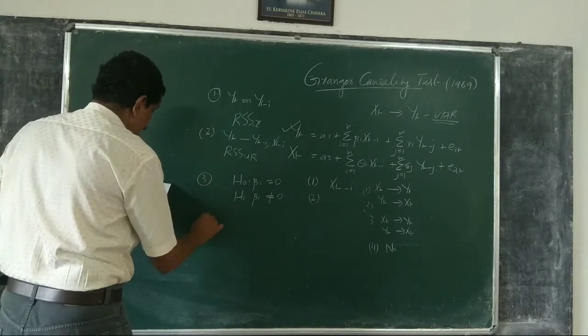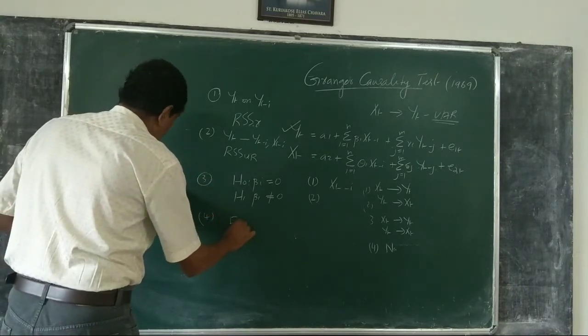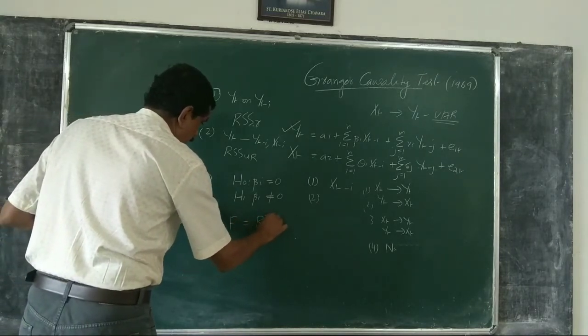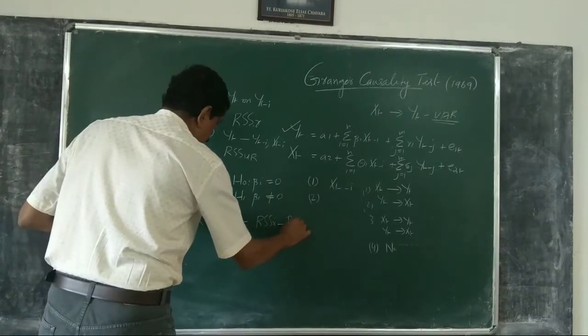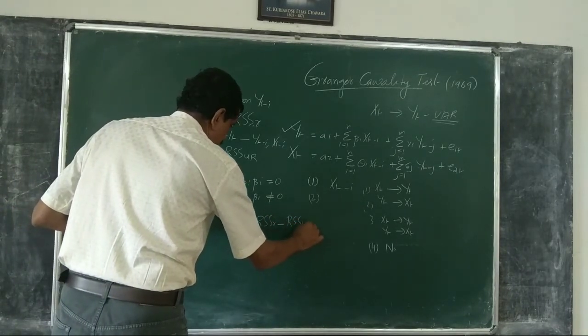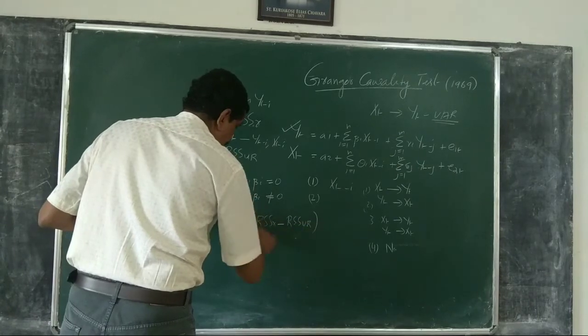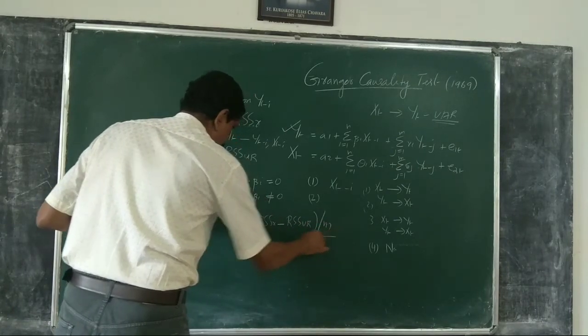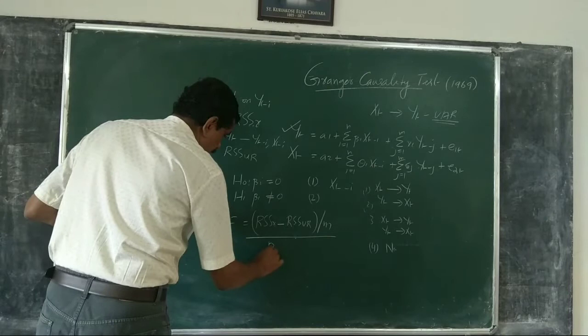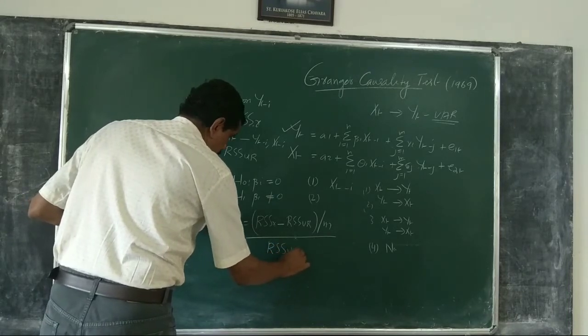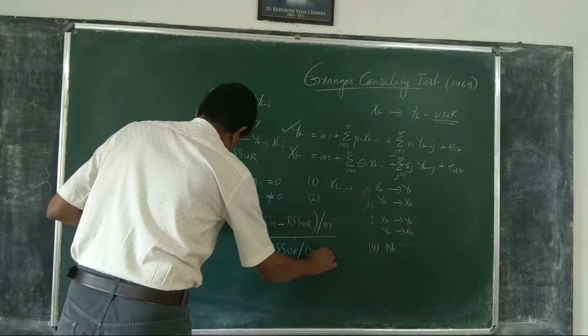The fourth step is calculate F as equal to RSS restricted minus RSS unrestricted, divided by m, all divided by RSS unrestricted divided by n minus k.